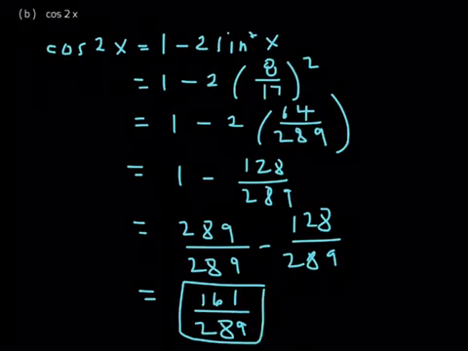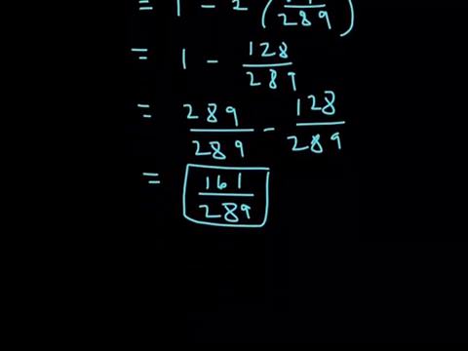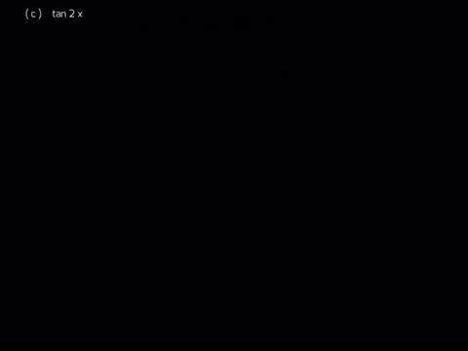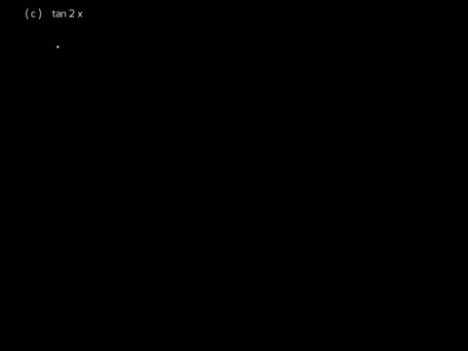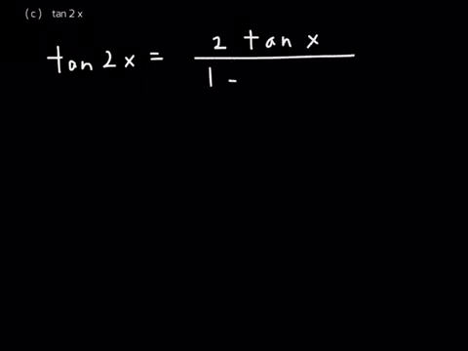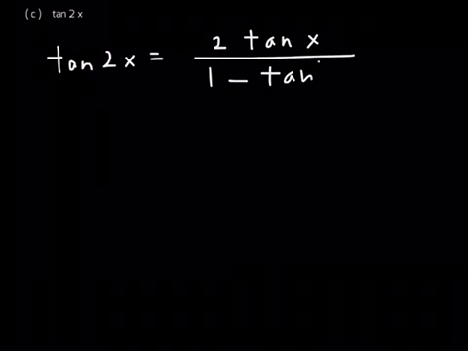Okay, guys, let's go for the third one now, which is tangent of 2x. I'm going to endeavor to use only the given information as much as possible, okay, everybody? By the double angle identity for tangent, this is 2 times tangent of x over 1 minus tangent squared of x.